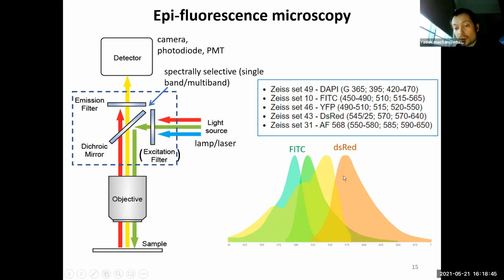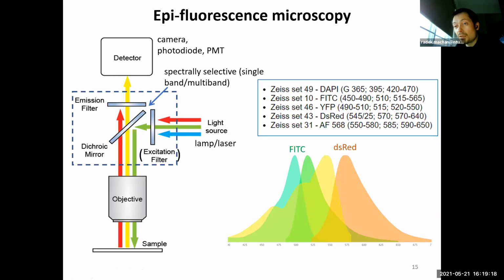I can try to avoid it by selecting fluorophores which are more spectrally separated, or using narrower filters, or the other way one can get around it is measuring in multiple spectral bands and then doing spectral unmixing.